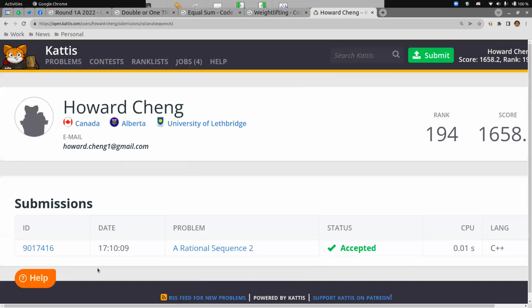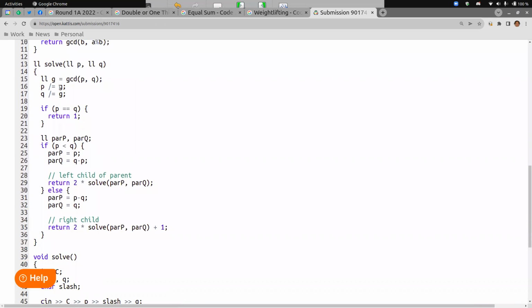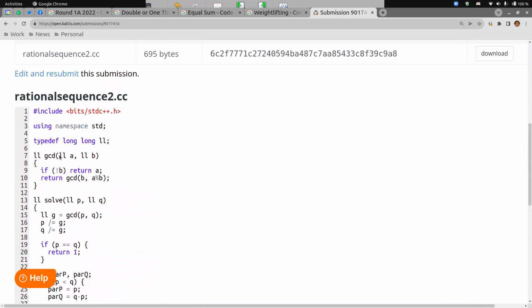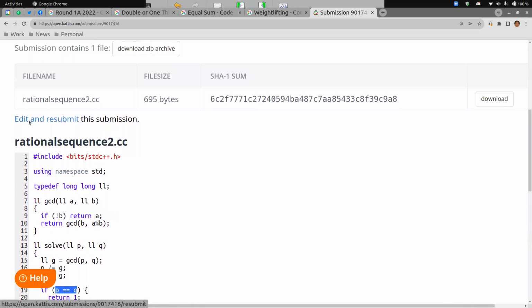In fact, I don't think it matters the way that I wrote it at the end. If I were to check that P and Q are both 1, then it matters, because it could be 5 over 5 as opposed to 1 over 1.